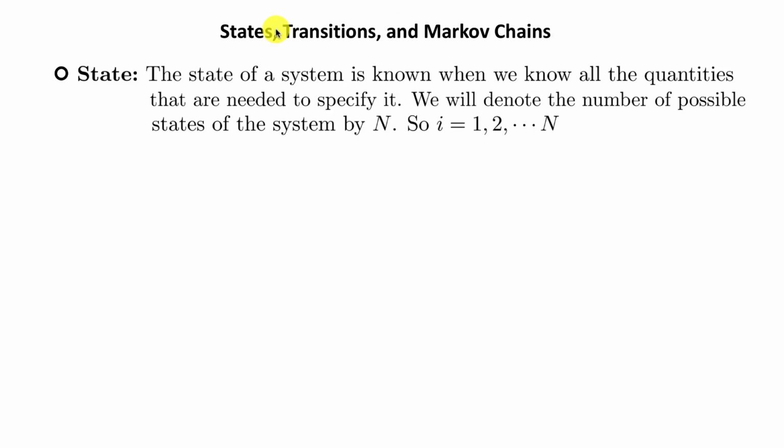To proceed, we will need the concept of a state, transitions between states, and chains of transitions. Well, let's begin with the state. The state of a system is said to be known when we know all the quantities that are needed to specify it. So if there are N possible states of a system, then the index i will go from 1, 2, 3 all the way up to N. Let's take examples.